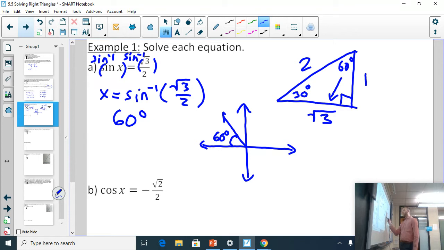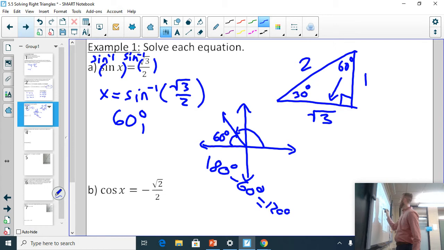And so, if we have 180 degrees here and we take that 60 degrees away, the real angle that we're at is 120 degrees. Does that make sense? Because 180 degrees minus 60 degrees gives us 120 degrees. So 120 degrees works too.